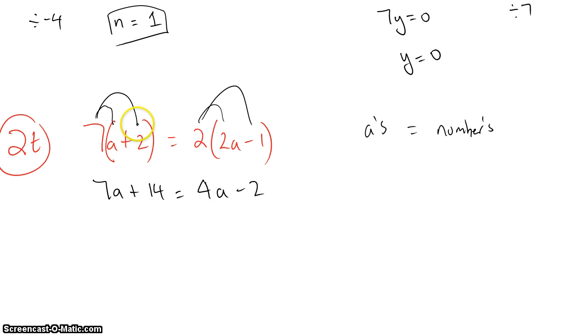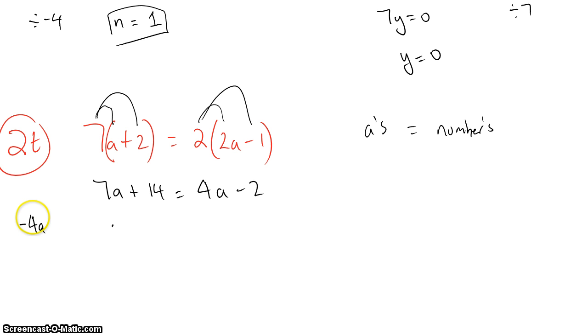I'm sorry, I'm making a lot of assumptions in this, but my assumption is that you have done this sort of thing in the past. These questions are just a little bit trickier, but you understand the theory of them. If that's not a good assumption, please ask me to teach you a little bit more about it. So now I need to get all of the a's on one side, so I'm going to subtract 4a on both sides.